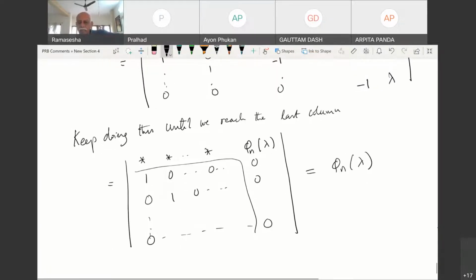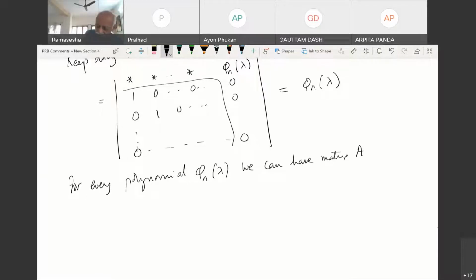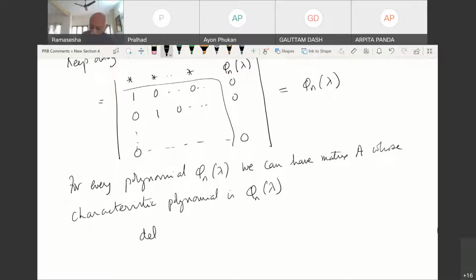So what I have been able to prove is that for every polynomial P and lambda, we can have a matrix A whose characteristic polynomial, okay, so what I have shown is that in this case determinant A minus lambda I is equal to P and lambda.